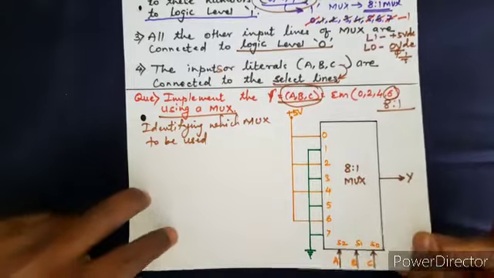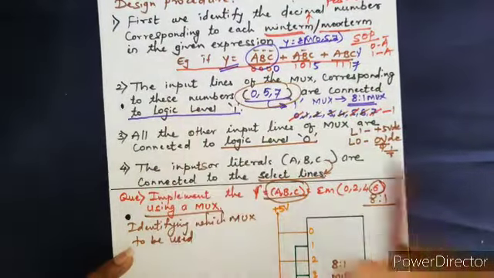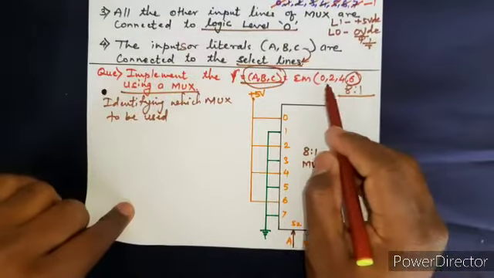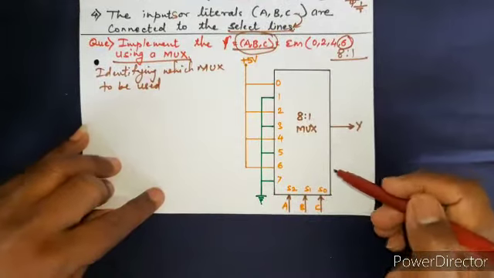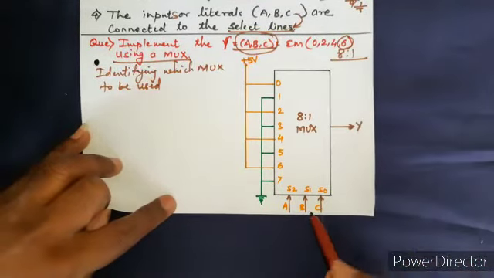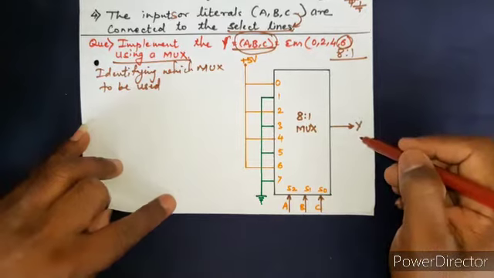Okay, now you can see here the input lines of mux corresponding to this number. Which numbers? 0, 2, 4, 6. Now here I have used this 8:1 mux. Here we have 3 select lines A, B, C, and these 8 inputs 0 to 7 and 1 output.